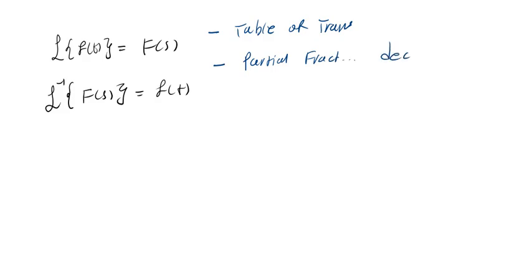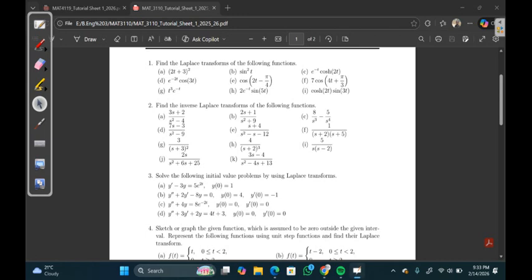That part is very, very critical, because you're going to have questions that look somewhat like this one, and you can't really apply convolutions just here, so you can go ahead and use partial fraction decomposition to break it down. Amongst these that we have here, we have a up to I as well. No, it's a up to k.